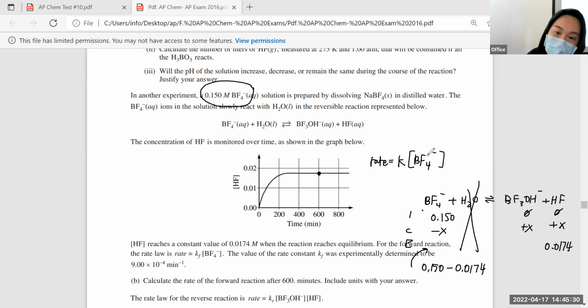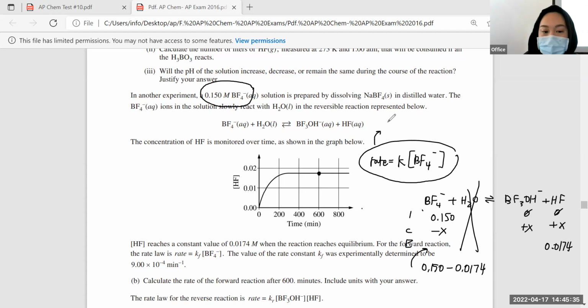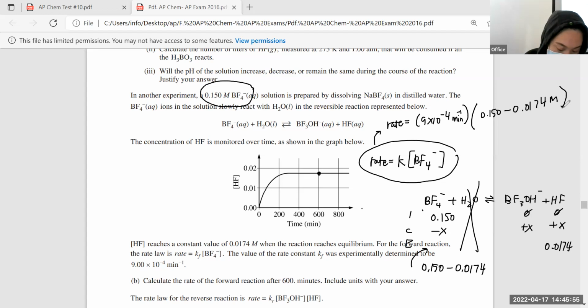And I just plug it into this equation. So rate equals k, which is 9 times 10 to the negative 4 inverse minutes, times 0.150 minus 0.0174 molar. And I should get rate equals 1.20 times 10 to the negative 4 molarity per minute.